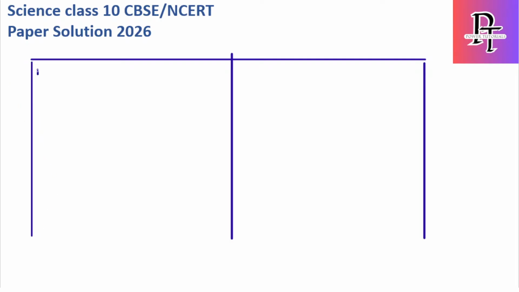B point, direction will be constant. For the bar magnet, the direction is constant. We cannot change the direction of this magnet.